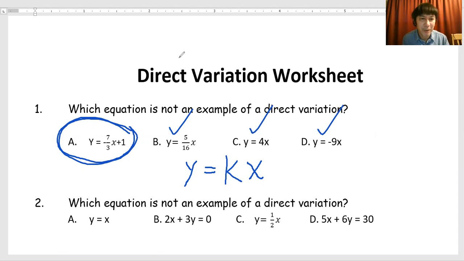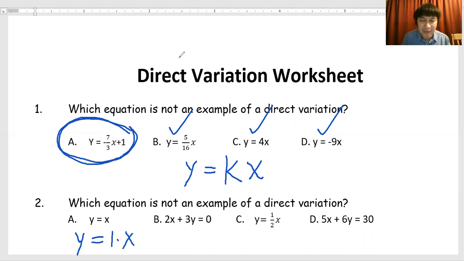Let's have the second number. Which equation is not an example of direct variation? Okay, the A has a constant of variation of 1. So that is y and then 1 times x there.